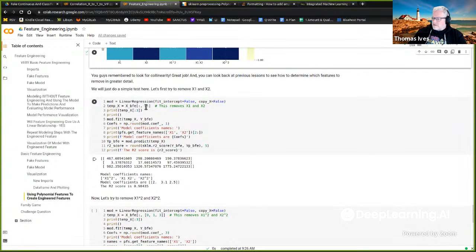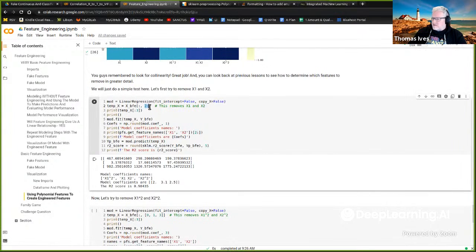This little trick right here is just saying, go from the second column to the end and use all rows. And that's basically going to remove X1 and X2. And then we're going to do a model fit again with TempX. And we're going to look at the coefficients.